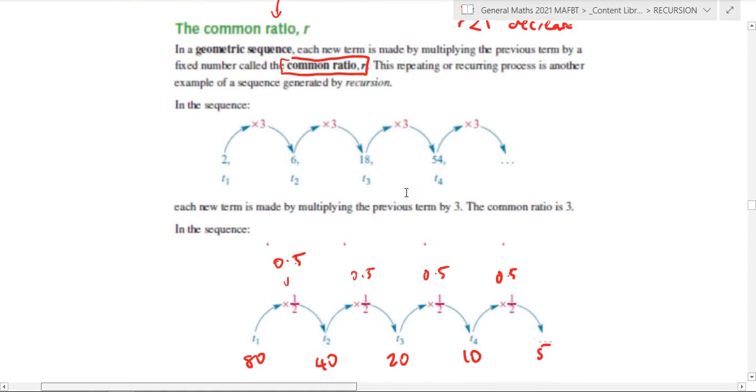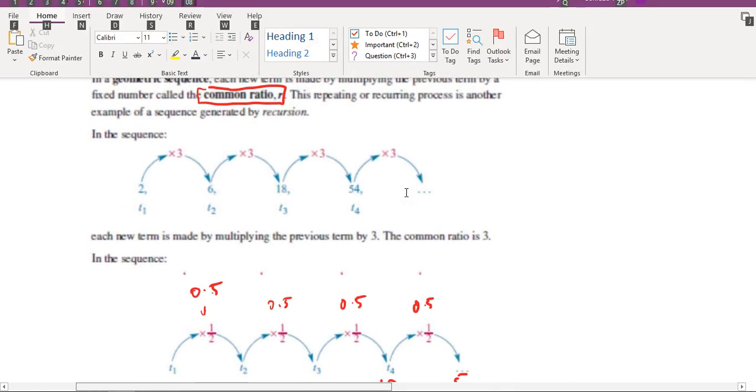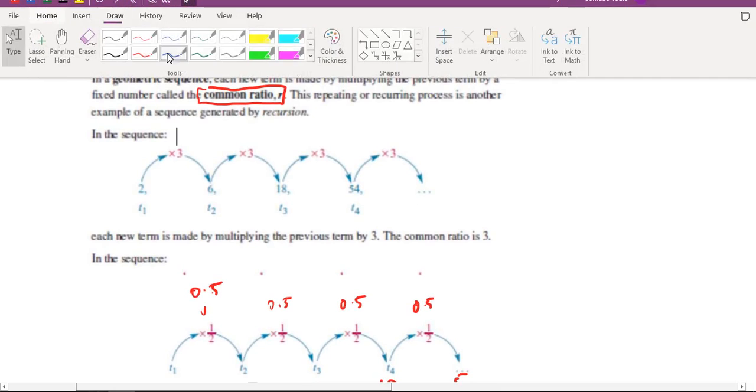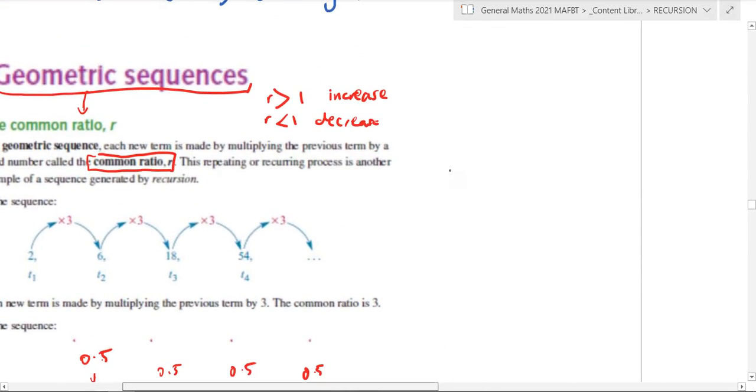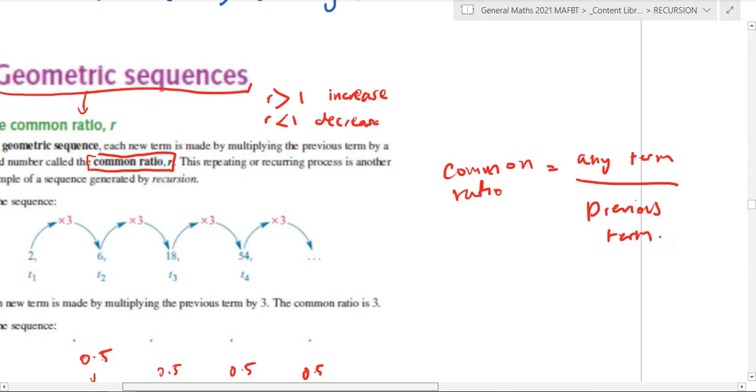Let me write that down here. The common ratio is basically the number that you're multiplying by, and it's the same number. To calculate that, it's any term divided by the previous term.